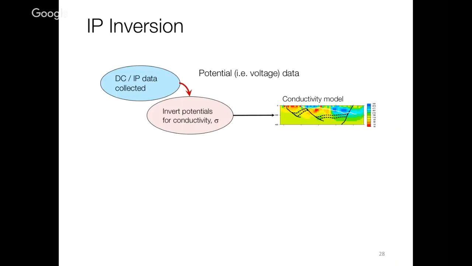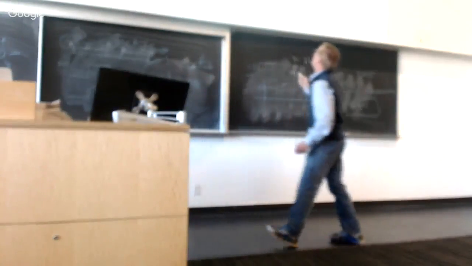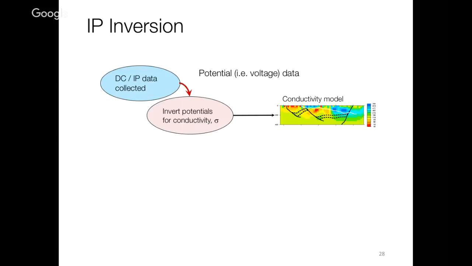We're going to take this guy here, whatever that number is, and convert that to an apparent resistivity. Okay? And then we're going to take those DC data, we're going to invert them, we're going to get conductivity or resistivity. Okay, so that's the DC experiment. We did that three weeks ago. Okay? So go out, DC data, and invert it. Good to go.